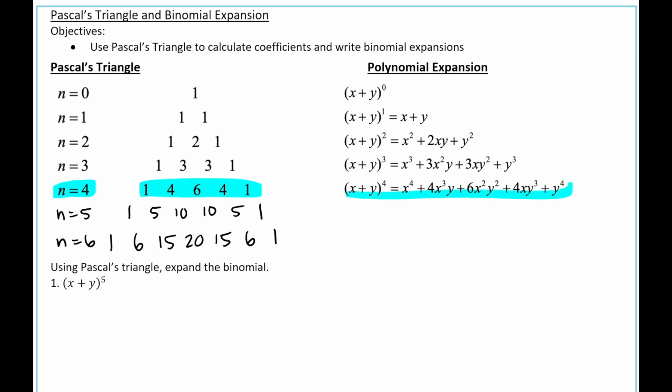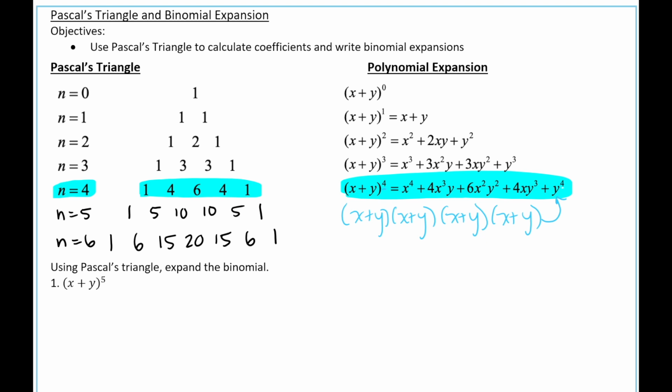And if you were to look at this binomial that's been multiplied, if I took x plus y to the power 4, so if I multiplied x plus y times x plus y times x plus y times x plus y, I would get this polynomial: x to the 4th plus 4x cubed y plus 6x squared y squared plus 4x y cubed plus y to the 4th.